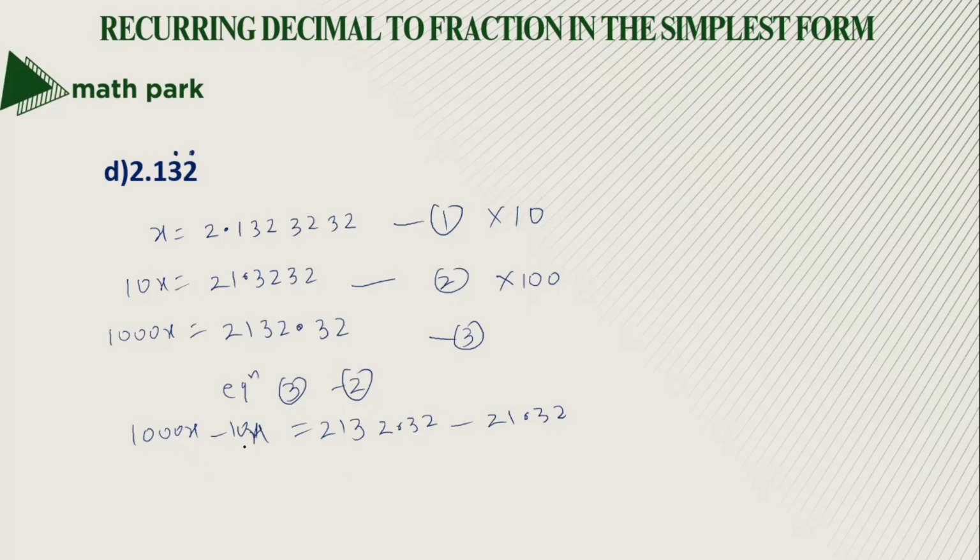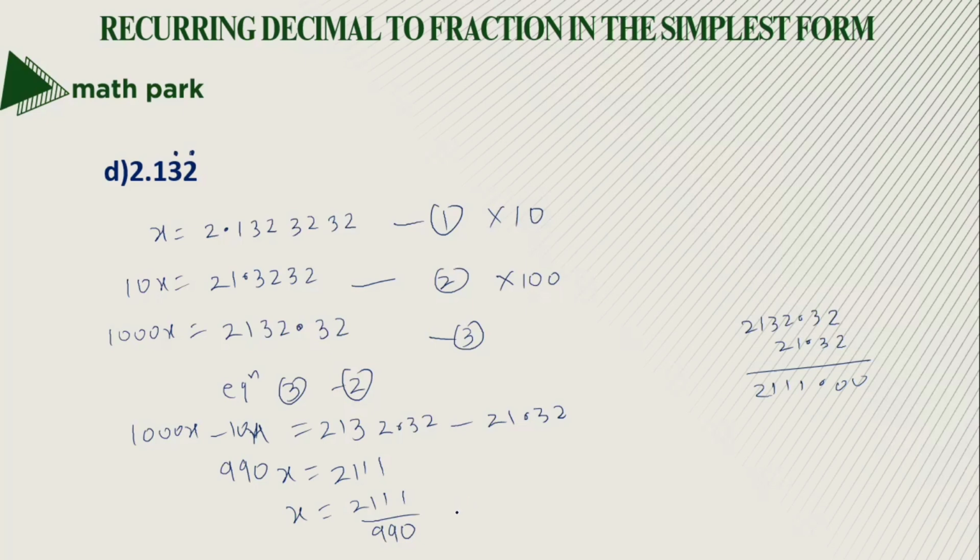Subtracting this, 1000x minus 10x is 990x is equal to, when you subtract this, remember, you are subtracting the decimals, they go. So from 2132.32, when you subtract 21.32, you get 2 minus 1 is 1, 3 minus 2 is 1, 1. So we get 2111. So x is equal to 2111 upon 990, can't be simplified further.